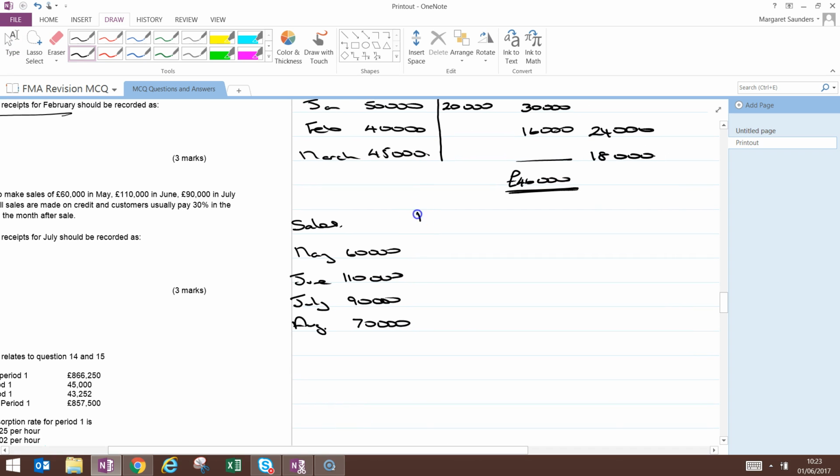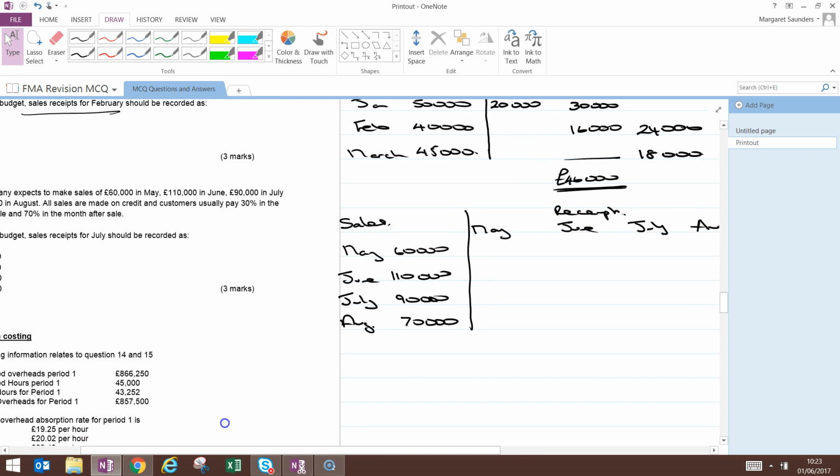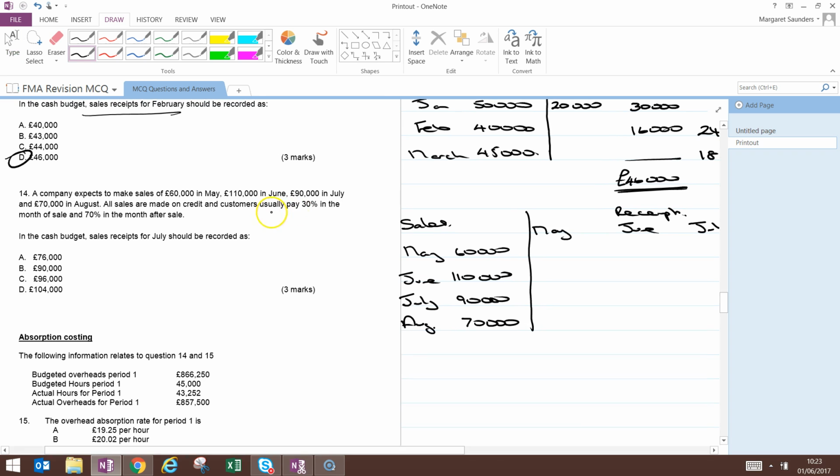So now, those same months across here, May, June, July, August. And here we're working out the receipts. So the payment pattern is that customers pay 30% in the month and 70% in the month after.